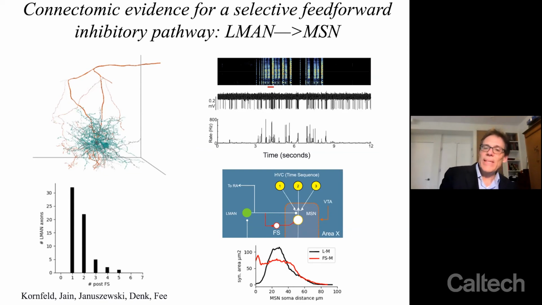So altogether, we think these findings indicate that there might exist a highly focal channel of feed-forward inhibition from each L-man axon to the MSNs it innervates. And this pattern of excitation and feed-forward inhibition would allow excitatory inputs to depolarize the dendrites to gate plasticity during the burst of an L-man neuron, while not allowing that input to interfere with the actual spiking of the MSNs during that input.